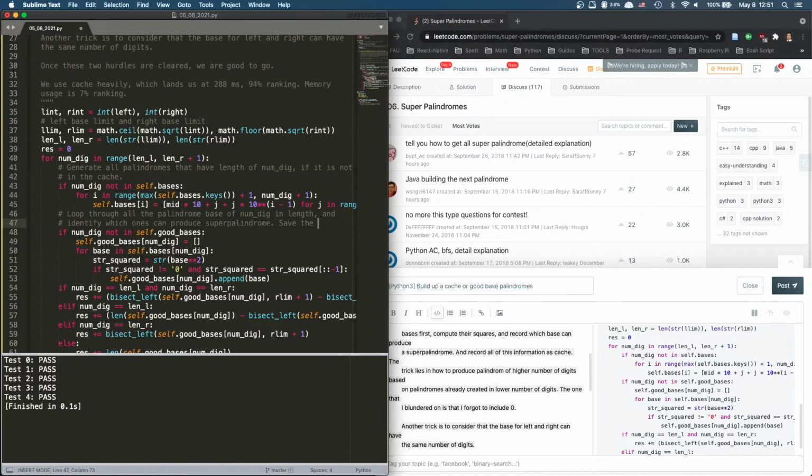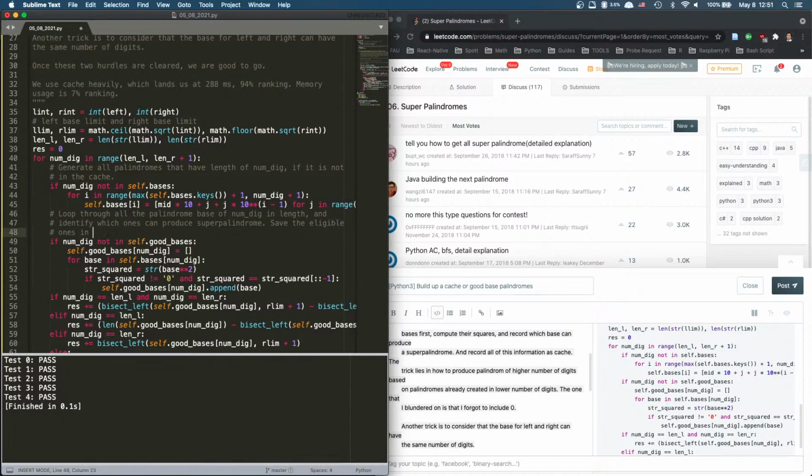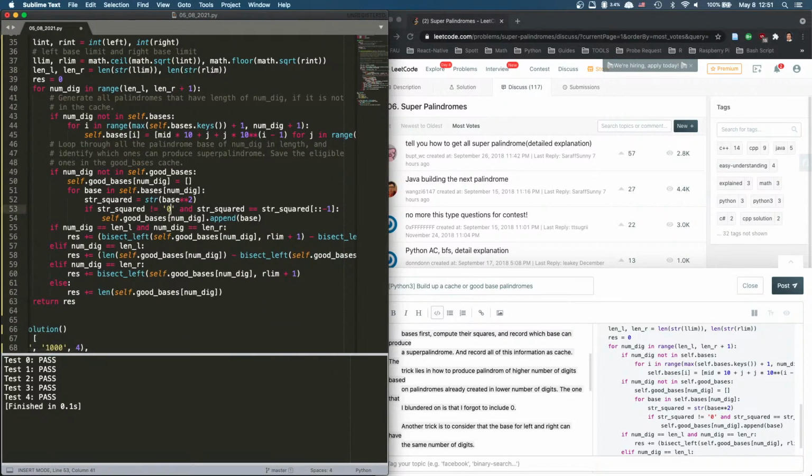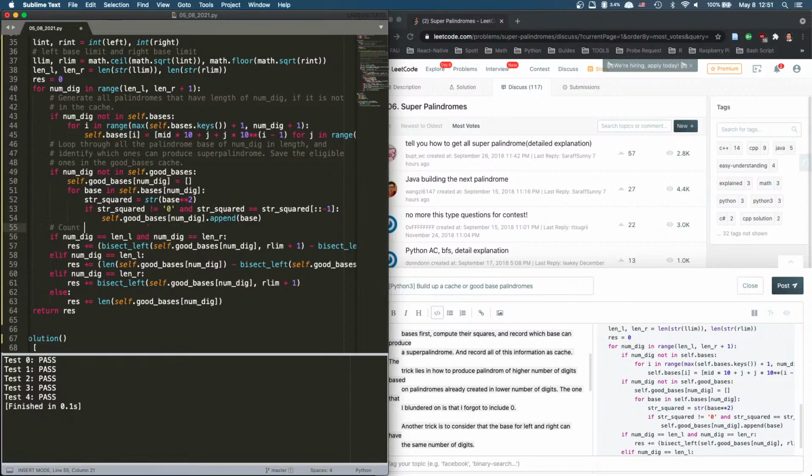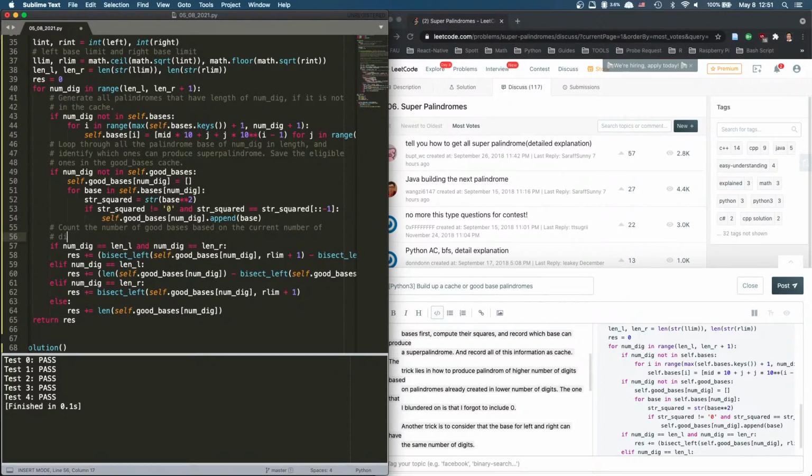Save the eligible ones in the good bases cache. And this is counting. Count the number of good bases based on the current number of digits under consideration and the left and right base limits.